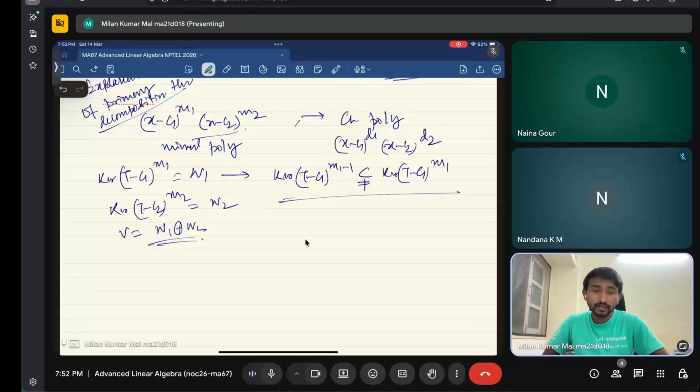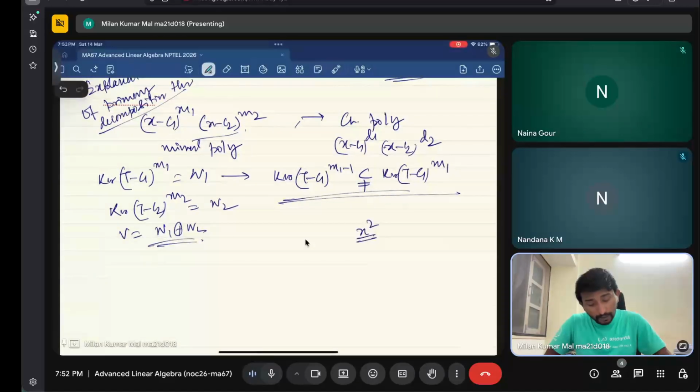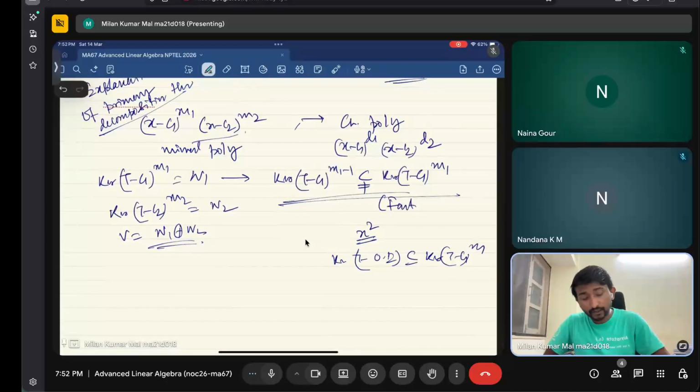You can remember this, and then that theorem will be very easy, because in the previous case, the x square appears. So as x square appears, the kernel of T minus c1, that is T minus 0·I, will be a proper subspace of the kernel of T minus c1 to the power m1. We can remember this as a fact.